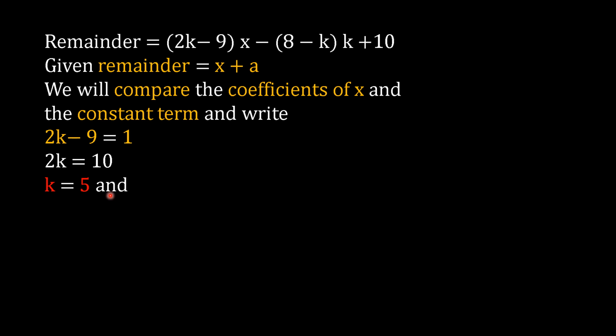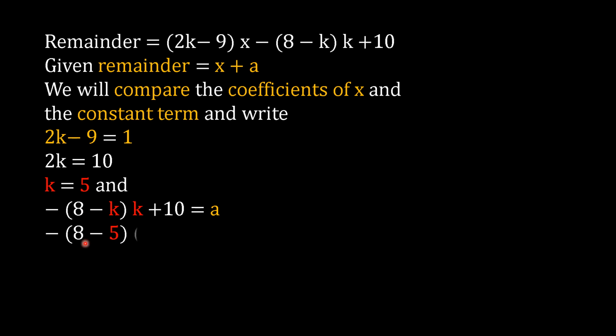And the constant term is, here it is a, and here it is minus (8 minus k) times k plus 10. So we write the constant term equals a. Here we will put the value of k which we have found out to be 5.